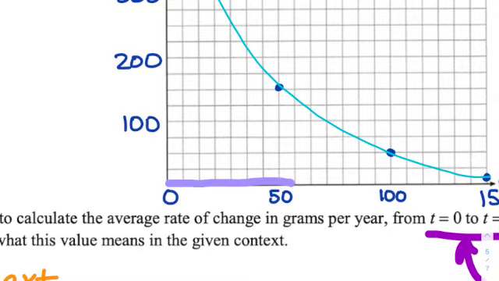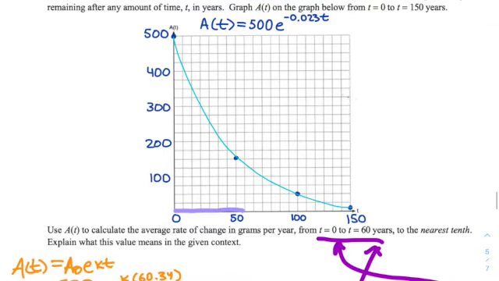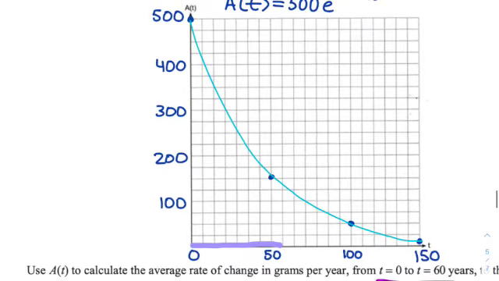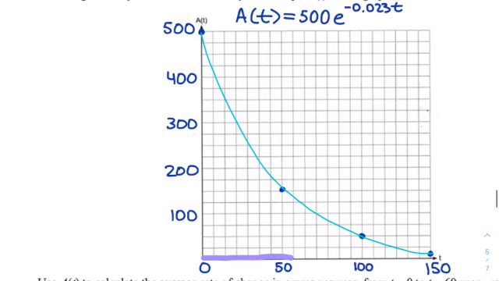What this is saying is that for every year that passes between 0 and 60 years, the average rate of change on the graph is expected to go down 6.2 grams each year. We can see that as possible based just off of these calculations, right? From 500 to 150, that's just in 50 years.